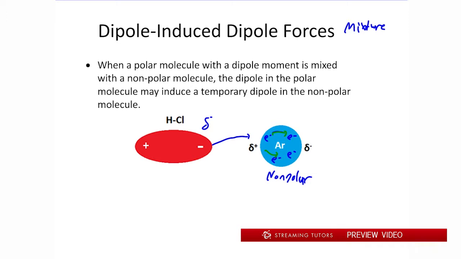That's because like charges repel one another, and so the partial negative side of this HCl is going to repel the negative electrons within argon. And this is going to induce a temporary dipole. If all the electrons move this way, it's going to leave a partial positive charge on the left side and make the right side more negative.